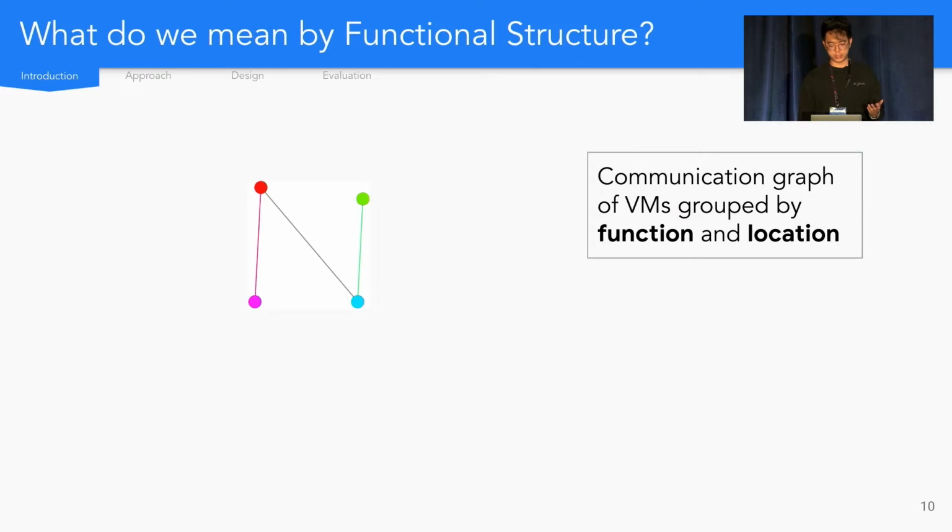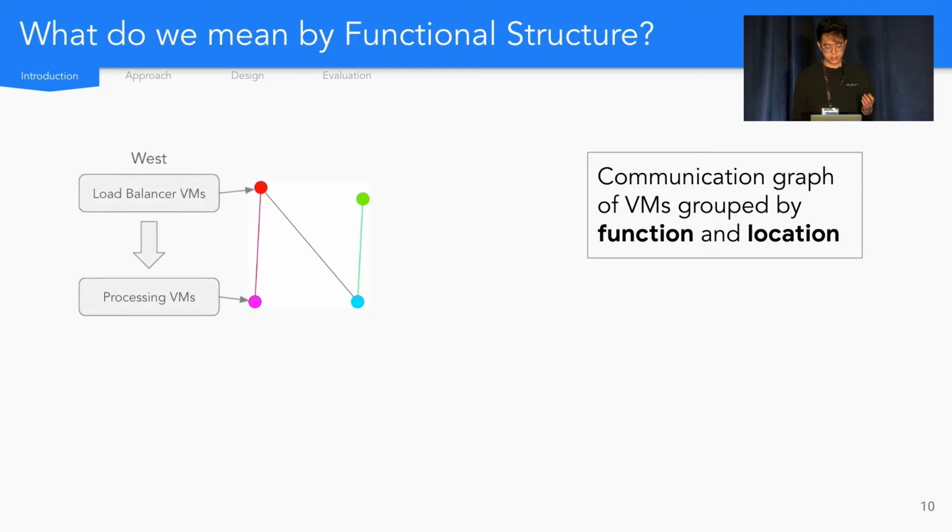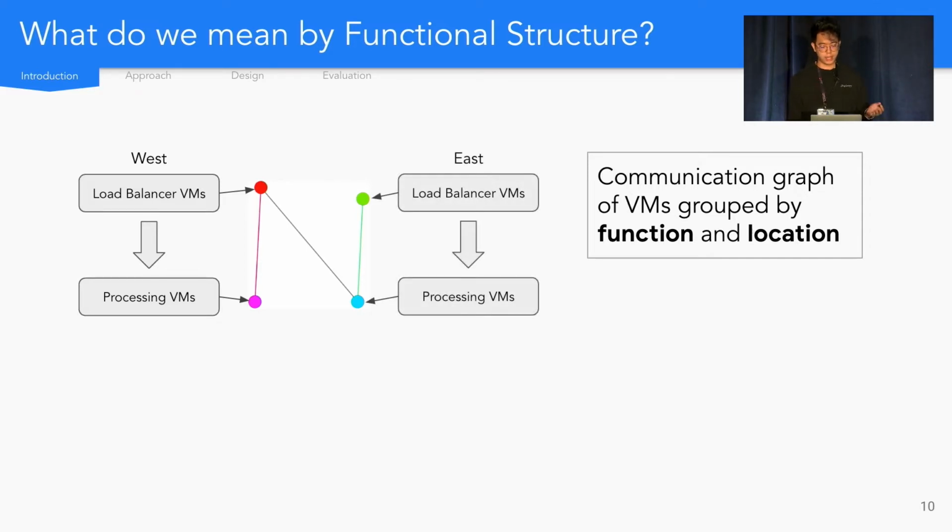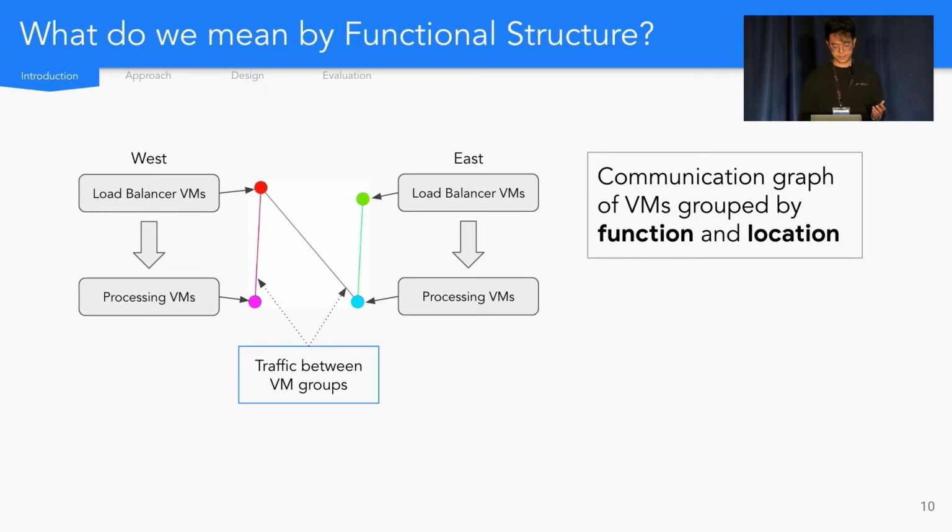The functional structure is a communication graph of VMs grouped by function and location. The load balancer and the processing VMs in the west correspond to the two nodes on the left. This is the same on the right. The edge between the nodes represents the traffic between the VM groups. We believe that the functional structure captures two important design patterns in cloud projects.